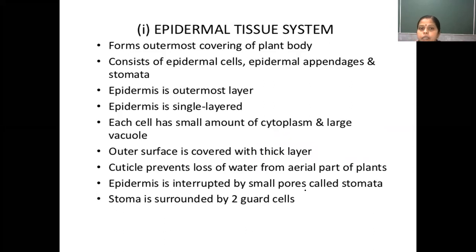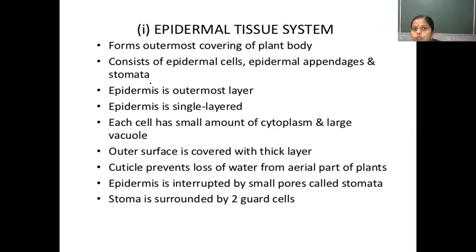Epidermal cells are a single layer of cells, and epidermal appendages consist of root hairs or stem hairs called trichomes. We are not supposed to call it a stem hair; we have to call it a trichome. Then there is the stomatal apparatus.